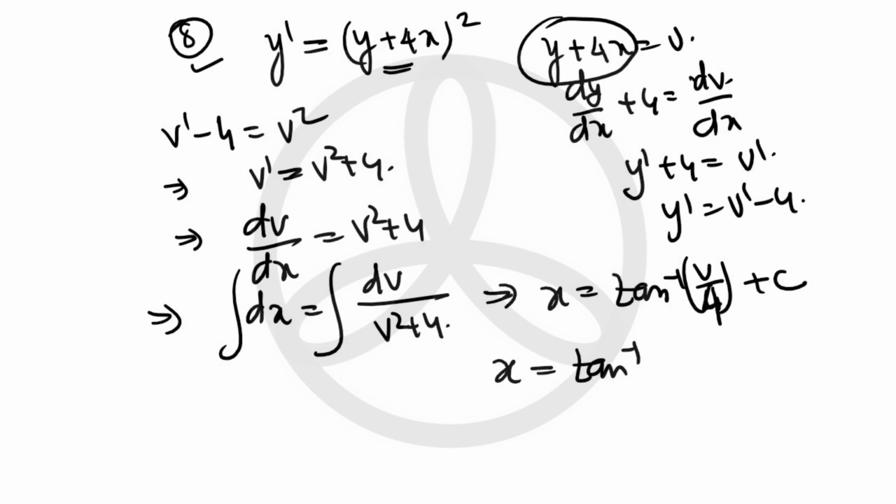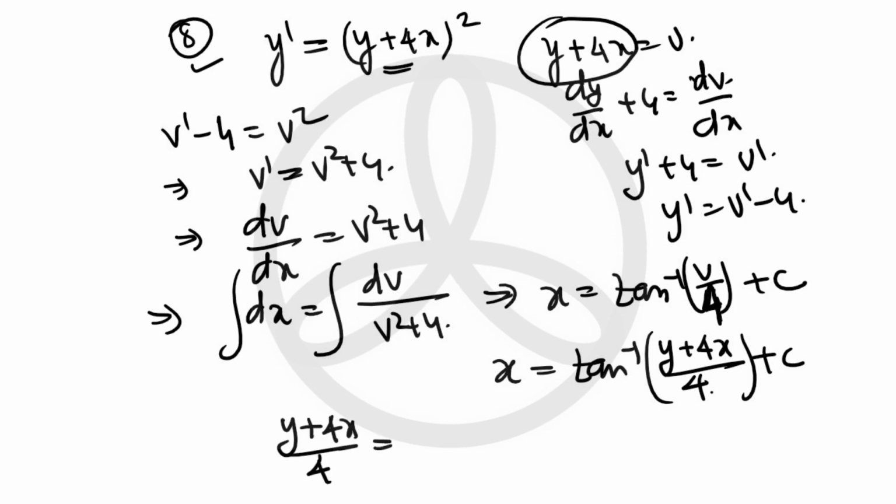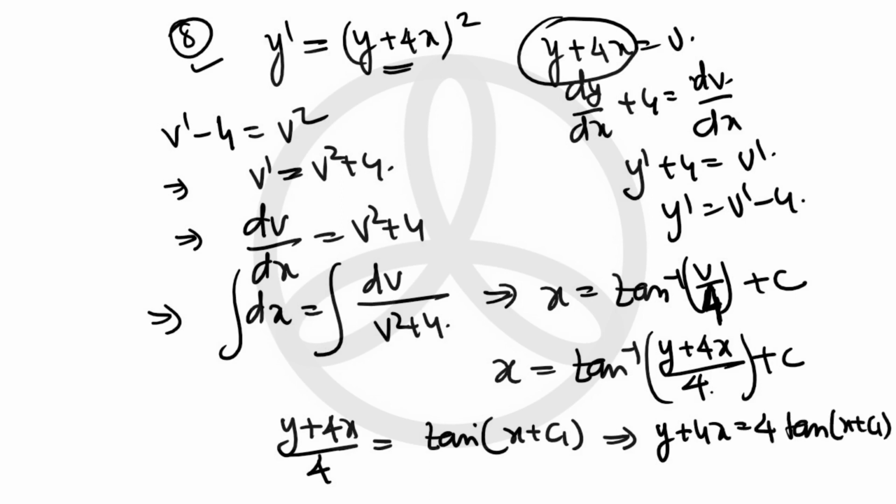This is actually 4, we should not confuse with u. v is y plus 4x, so x is equal to tan inverse of (y plus 4x)/4 plus c. And if we put another constant on the left side instead of putting this on the right side, we may get (y plus 4x)/4 is equal to tan of (x plus c1), and this will give us y plus 4x is equal to 4 tan of (x plus c1).